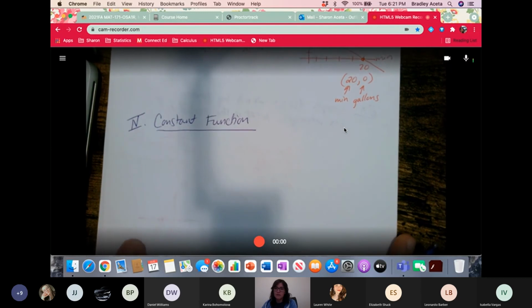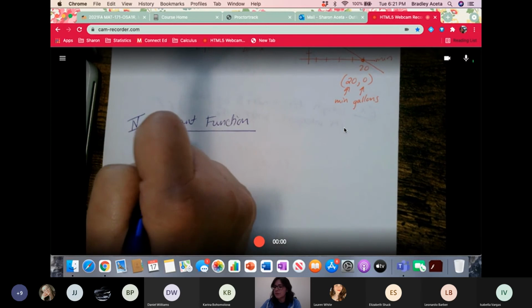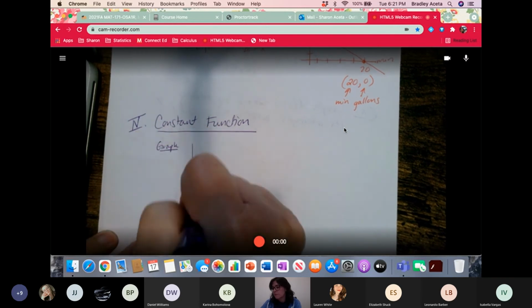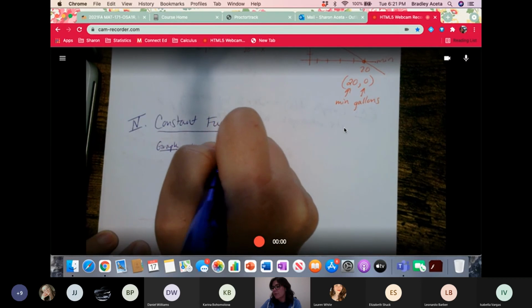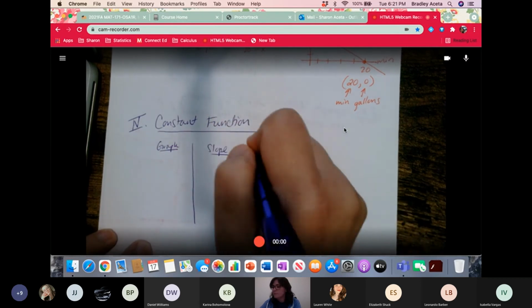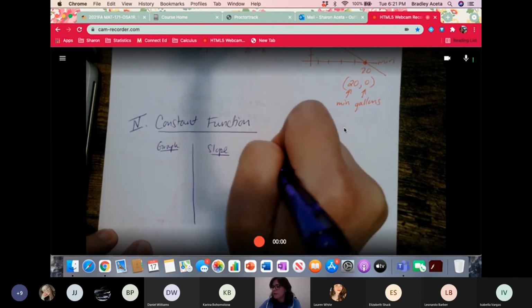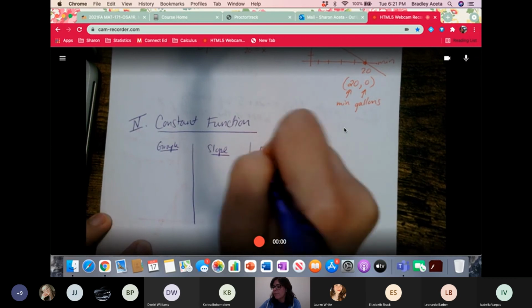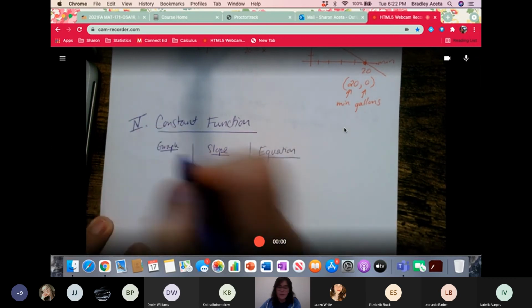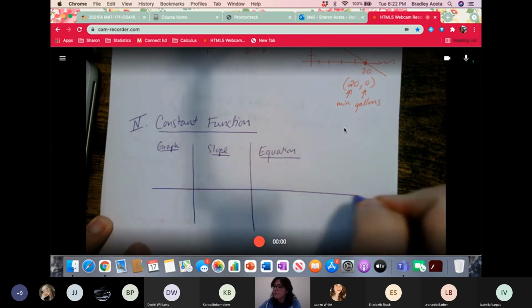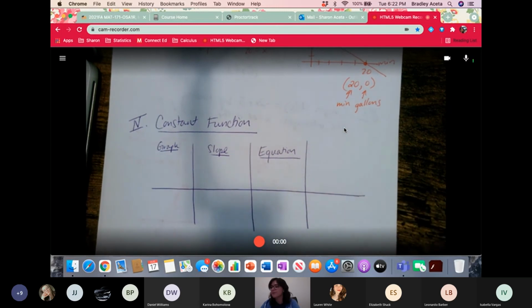Okay, so I love charts. So I'm going to make like a 4-column chart here. Let's see. We'll do the graph, slope, equation, and then I'm not sure what to call this other one. I mean, actually, I probably should have said graph here, but you'll see what I mean in a minute.